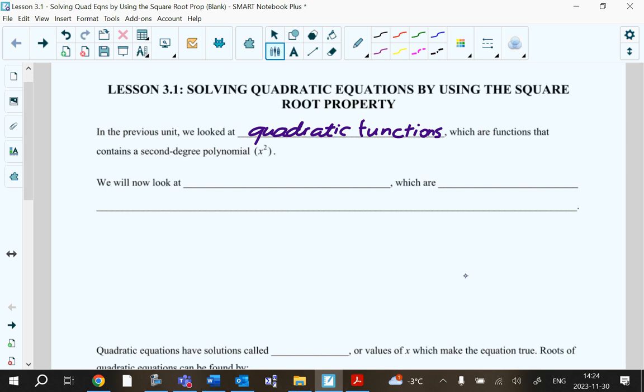Well, what happens if we take an x squared and make it equal to something? Well, then we have created what is called a quadratic equation. Which we call second degree equations. Second degree equations.